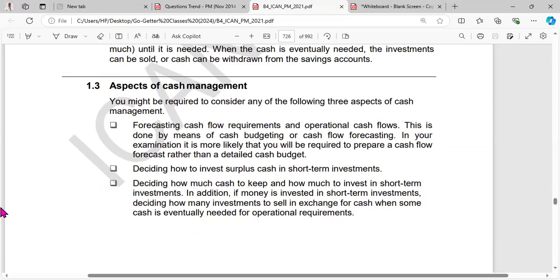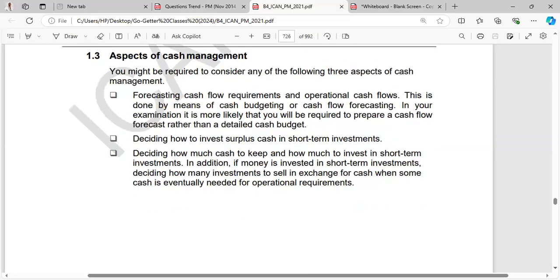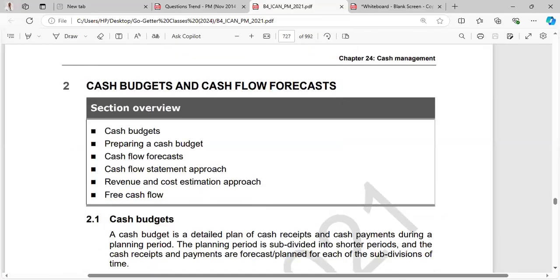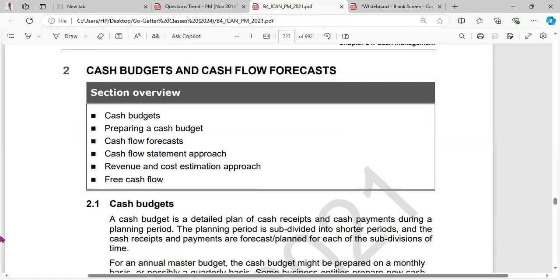In your examination, it is more likely you'll be required to prepare a cash flow forecast rather than a detailed cash budget, but you'll be looking at both of them in case either is asked. Two, deciding how to invest surplus cash in short-term investments. Three, deciding how much cash to keep and how much to invest in short-term investments. All right, so let's start looking at these cash budgets and cash flow forecasts.